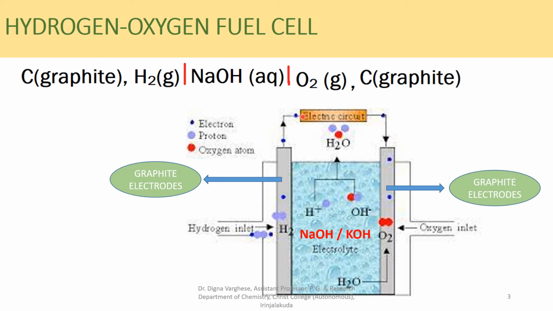Here the anode and here the cathode. At the anode, the hydrogen gas undergoes oxidation, that means removal of electrons, forming water molecules here, and at the cathode the oxygen accepts electrons and undergoes reduction. The net cell reaction is hydrogen plus oxygen giving water.